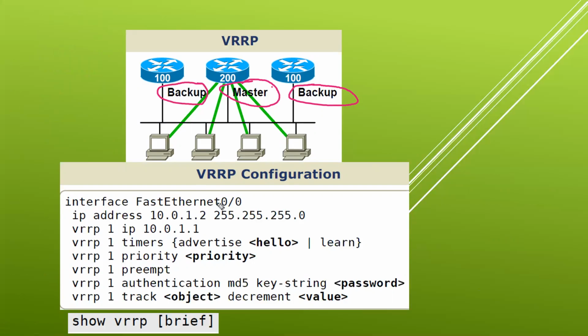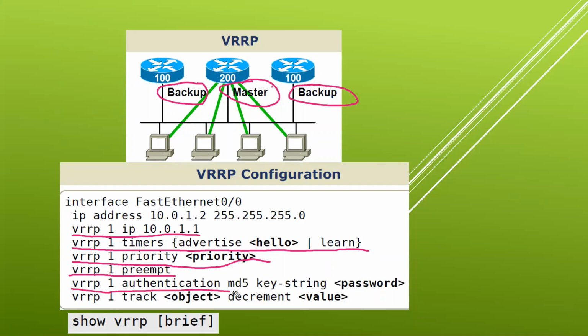This is the configuration of the interface: VRRP 1, this is the IP address, and these are the timers. If you want to change the timers you can, otherwise by default it's 1. For VRRP 1 priority, this one is not needed because it's already enabled by default, but it is better to give the preempt command so that when we see the output, we will know on which interface preempt is enabled and how.